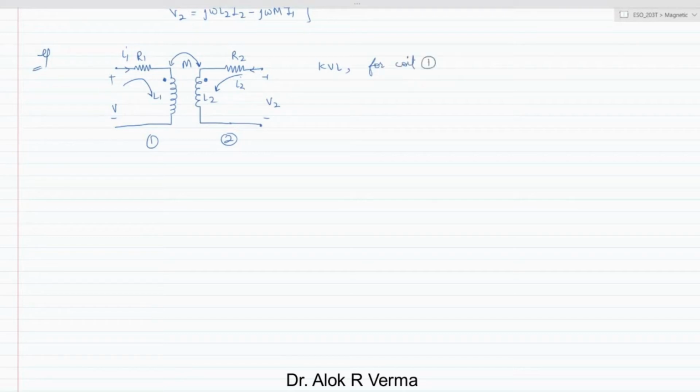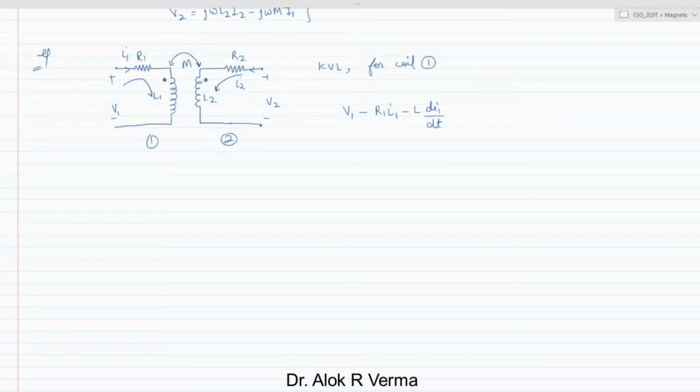For coil 1, when we write the KVL equation, we'll start from this point. We'll write the total voltage V1 minus R1 I1 minus L1 di1 by dt. Now look at the polarity. The polarity of M will be the same as L if the dot convention has the current inward or outward.